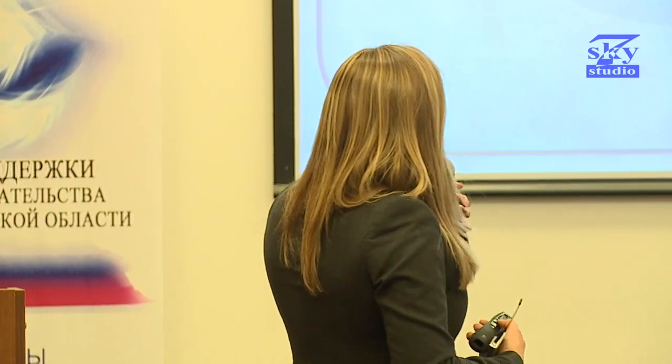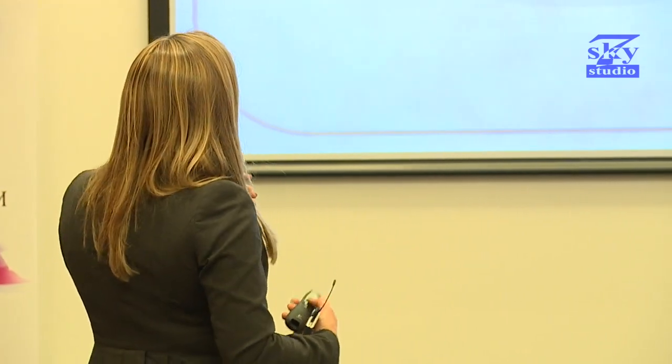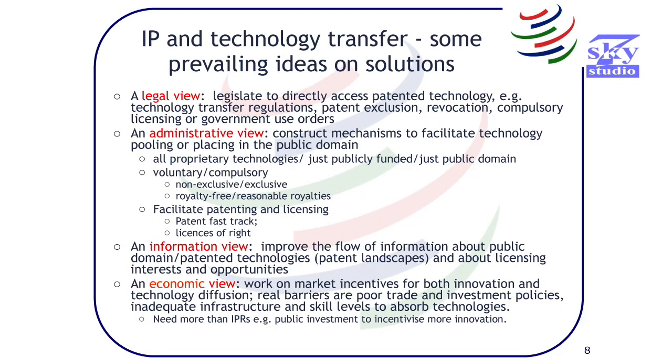You can have patent exclusions for certain technologies, so then you free ride on the information that's out there in other countries, and you basically don't grant protection for these patents in your economy. You can revoke patents, you can issue compulsory licenses, or government use orders. So this is one means of state intervention to actually access technology.